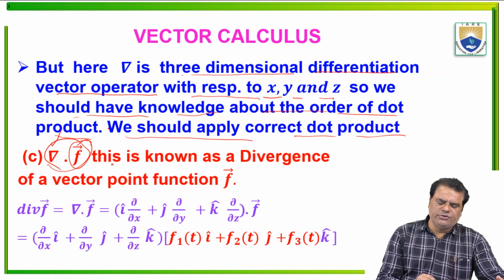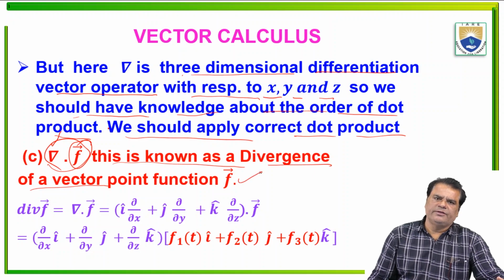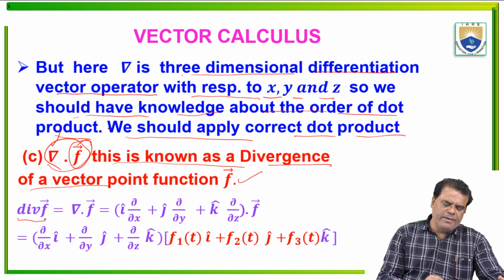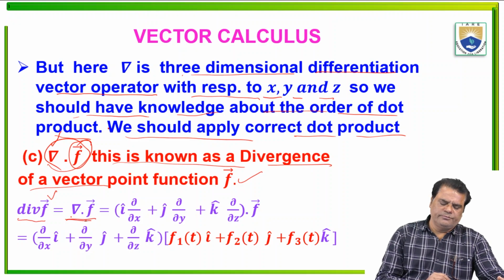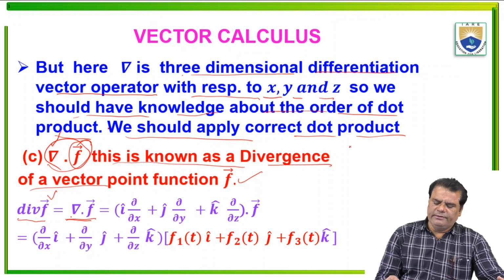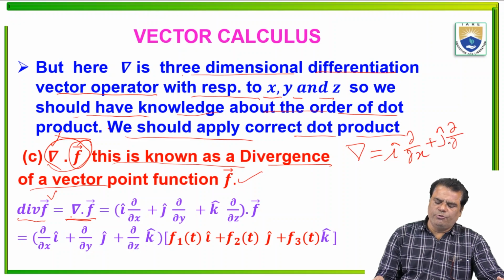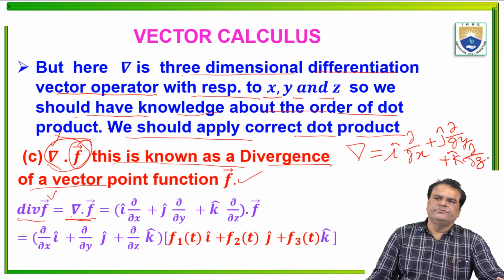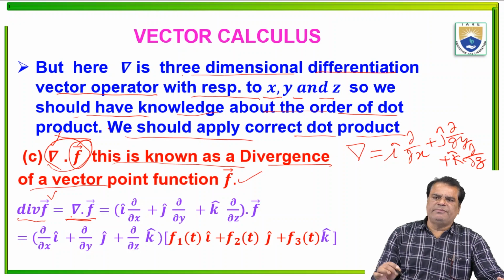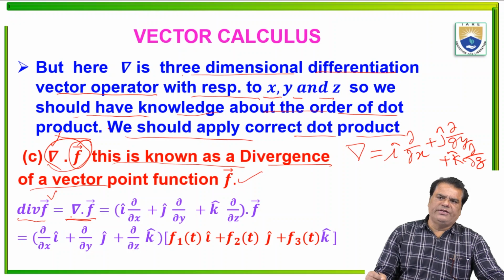So del dot f is known as the divergence of a vector point function f. So divergence of vector point function f equals del dot f. So what is the value of del? Del is the three-dimensional vector i cap del over del x plus j cap del over del y plus k cap del over del z. This is the value of del. This is a three-dimensional vector differentiation operator.